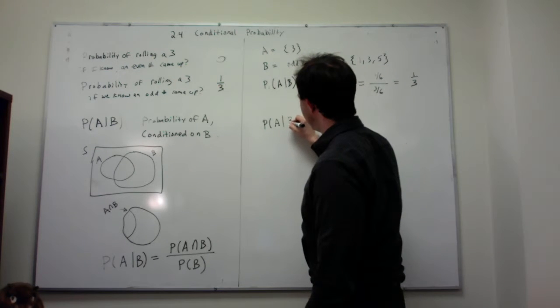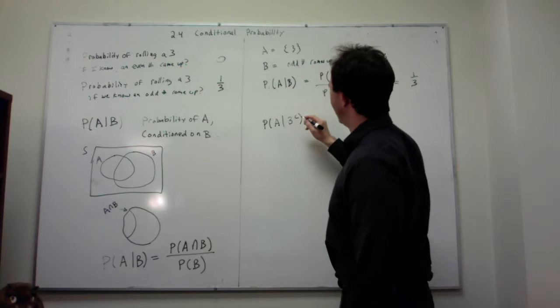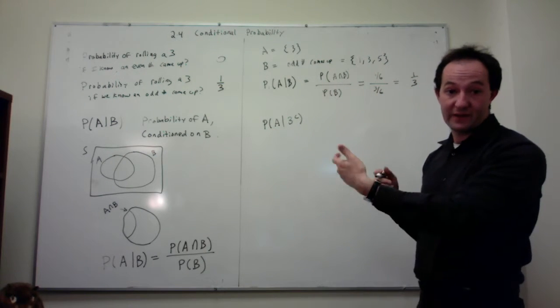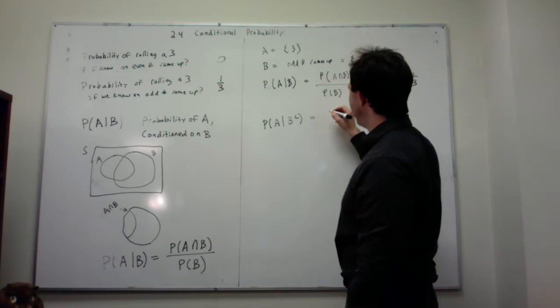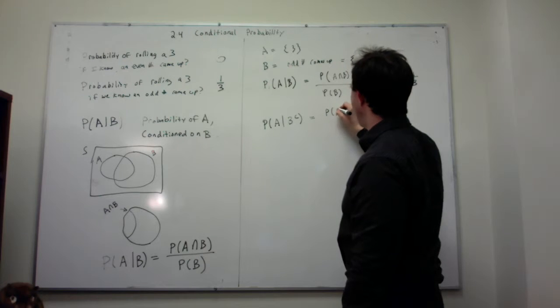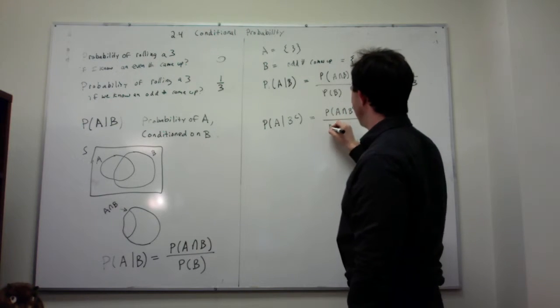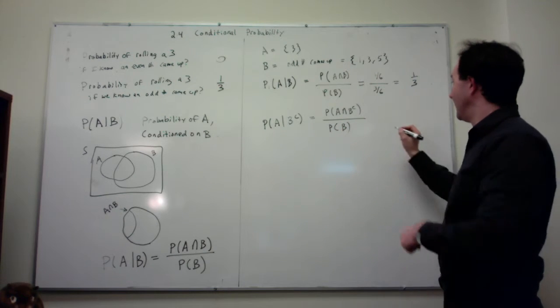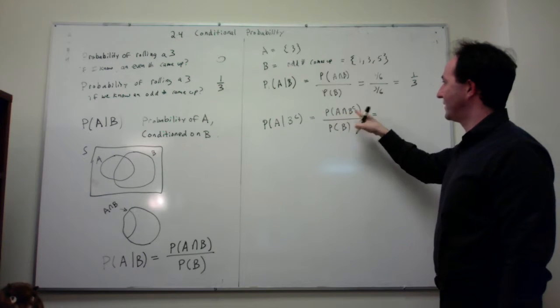So I could write it this way. This is A conditioned on B complement, the probability of rolling a 3 given the knowledge that an even number came up. And we know this is 0, but I just want to show exactly why, given the formula we've just introduced. So probability of A intersection B complement.